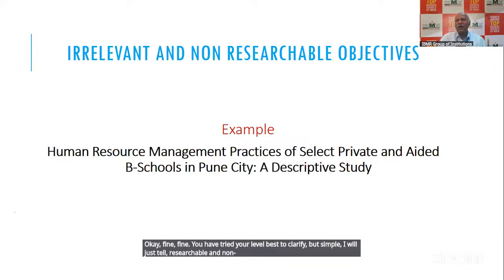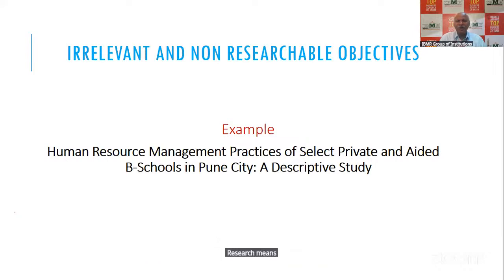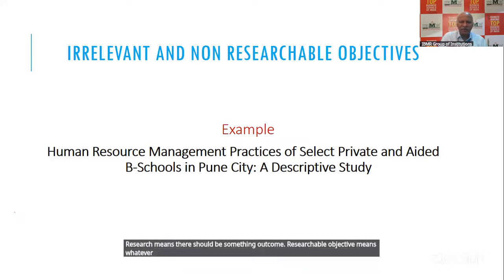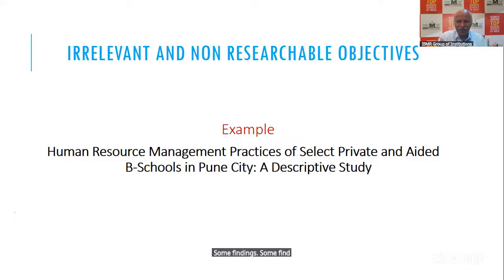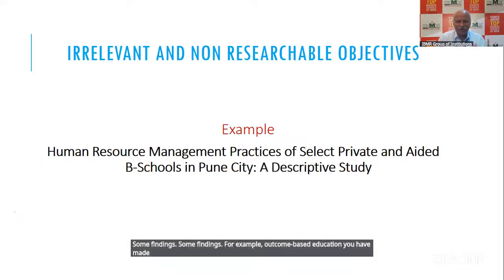non-researchable. Researchable, because research means there should be some outcome. Researchable objective means whatever objective we set, each objective should bring some outcome, some findings. For example, outcome-based education you have made, no? Outcome-based education, not simply education.